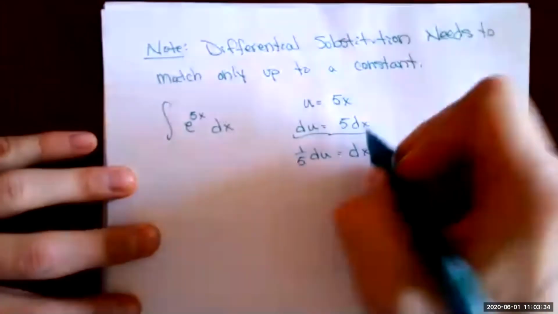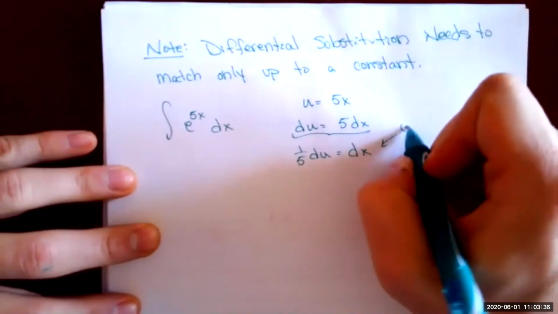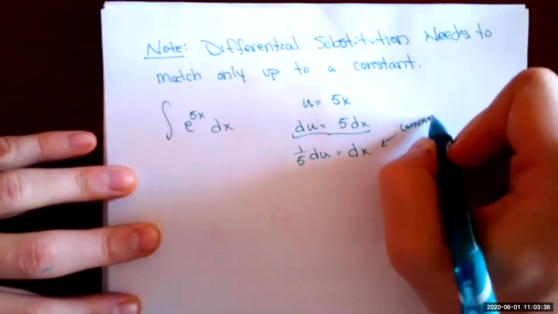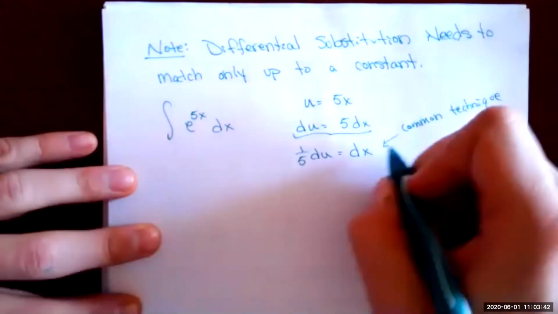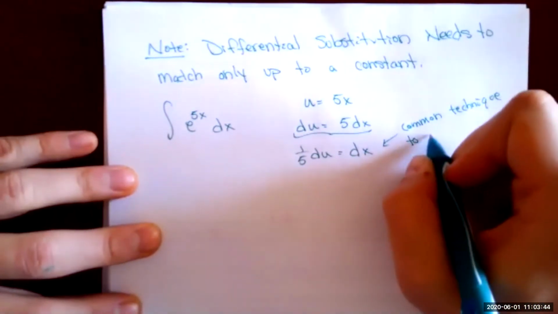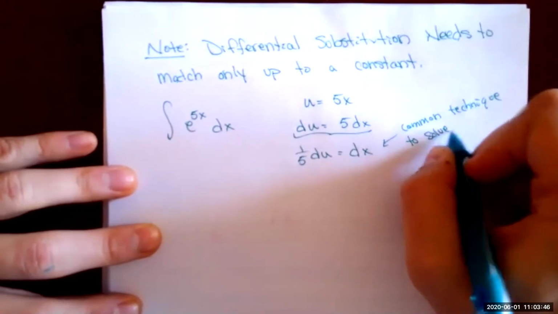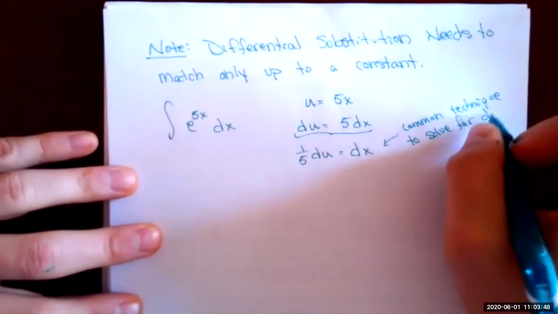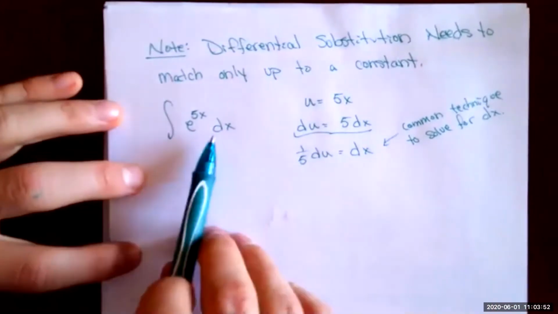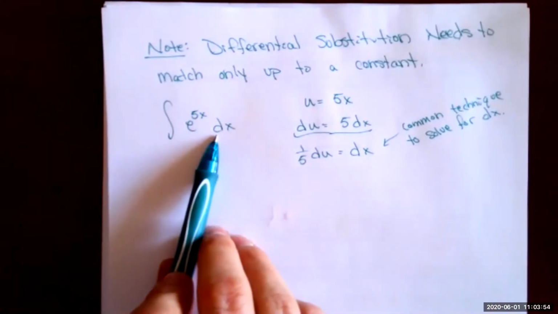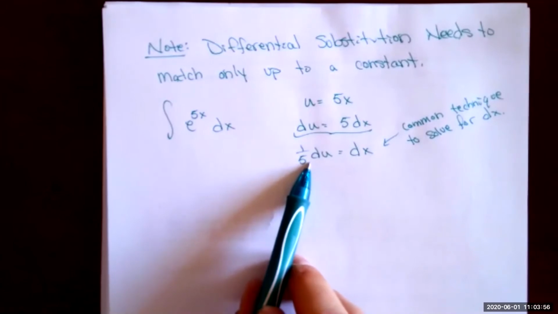And this is a common technique, to solve for dx, because there's always a dx in the problem since we started with dx. So now we can just make that substitution.